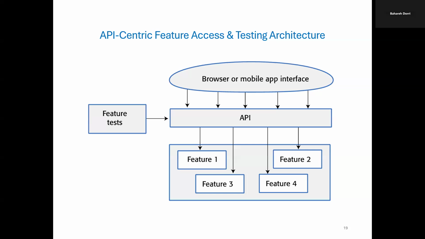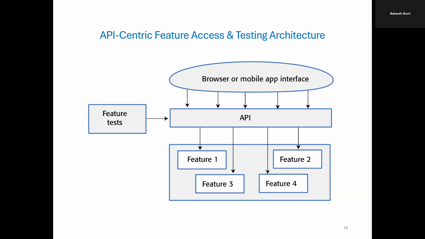So why does this matter for testing? Because instead of building expensive, fragile tests that simulate button clicks, we can just test those same features through the API. It's faster, more reliable, and super scalable. Let's say we are testing the login feature or some payment logic.